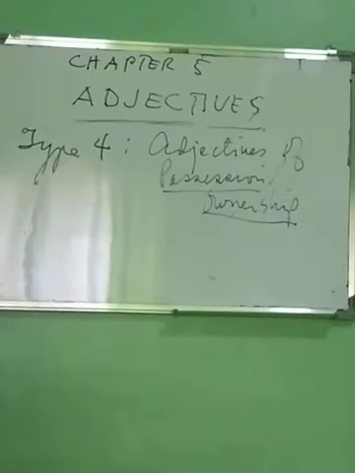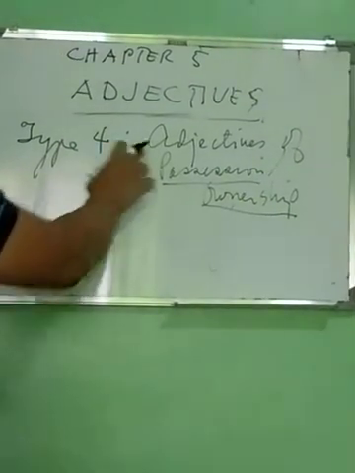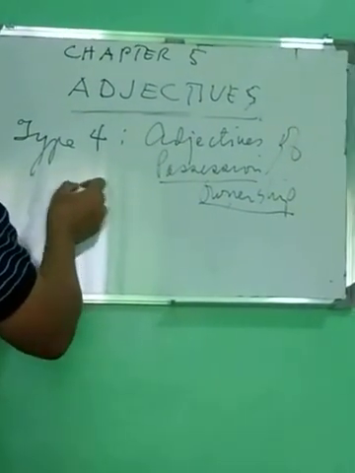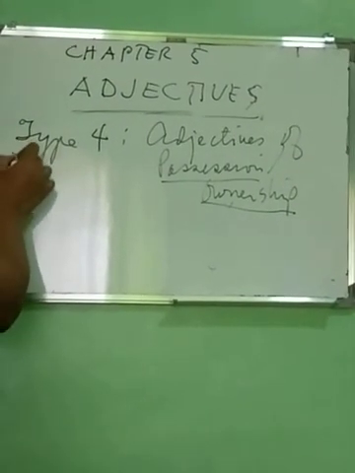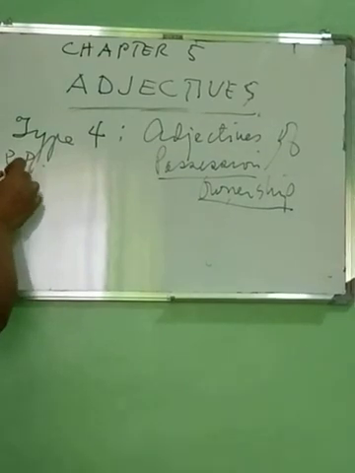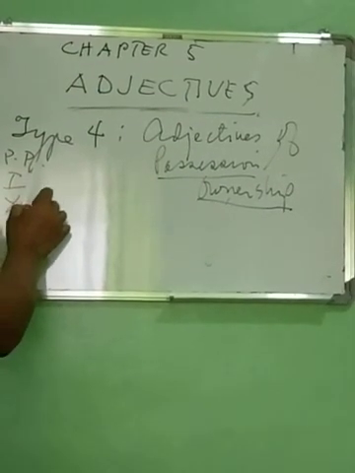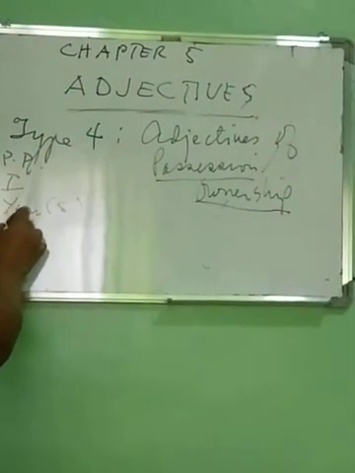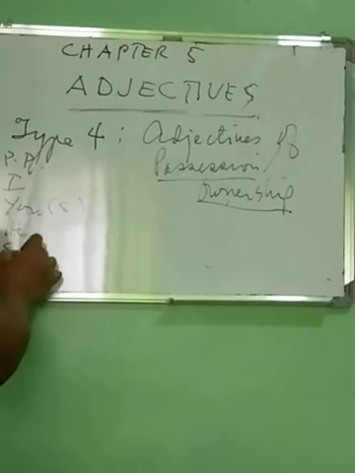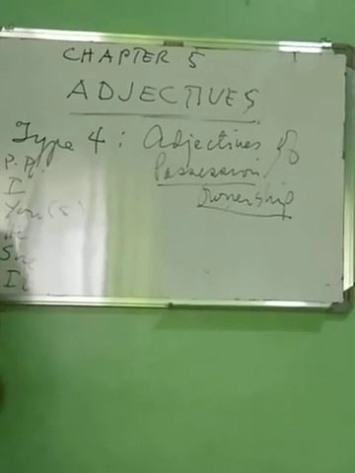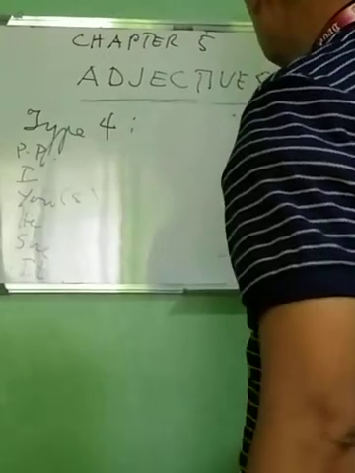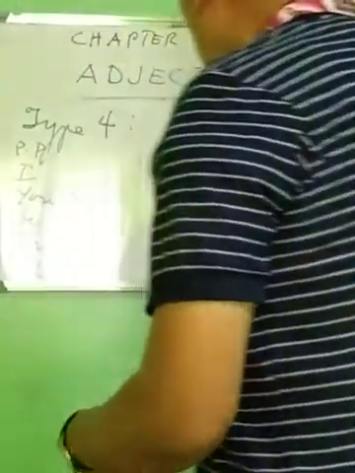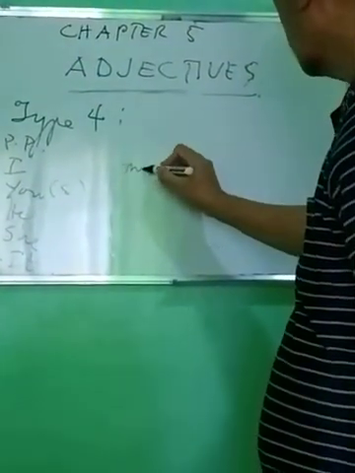So here, when we talk of adjectives of possession or ownership, we also have to think of the personal pronouns. So, by way of a review, what are the personal pronouns again? I, you singular, then he, she, it. So the possessive forms of this would be I, my.